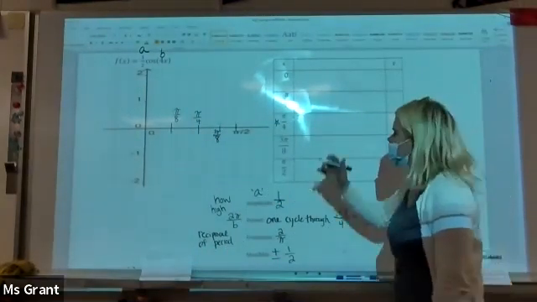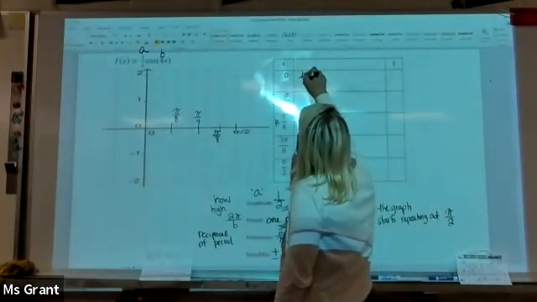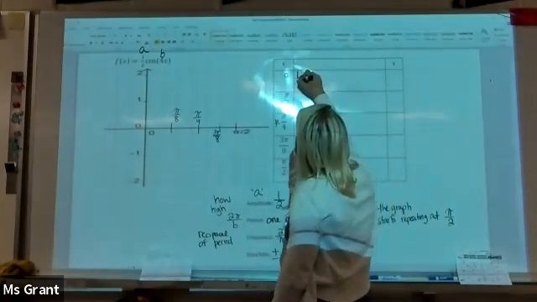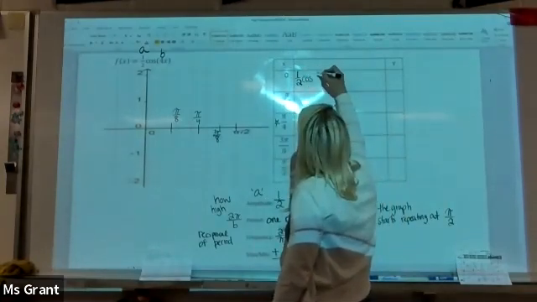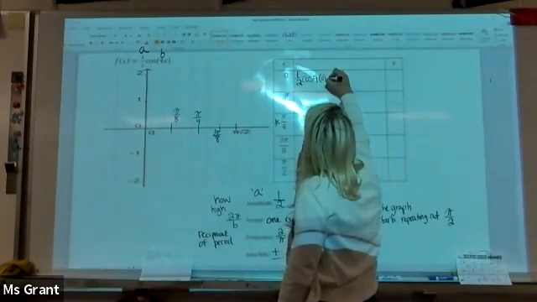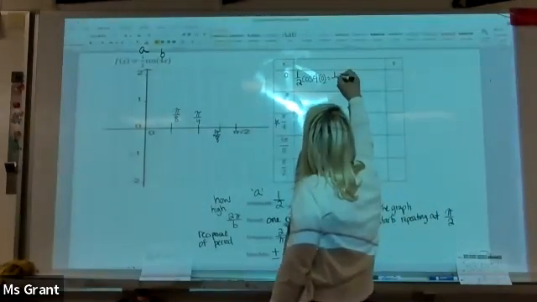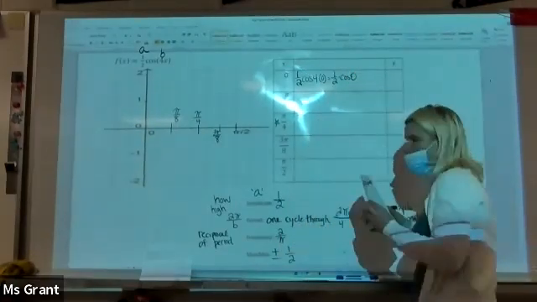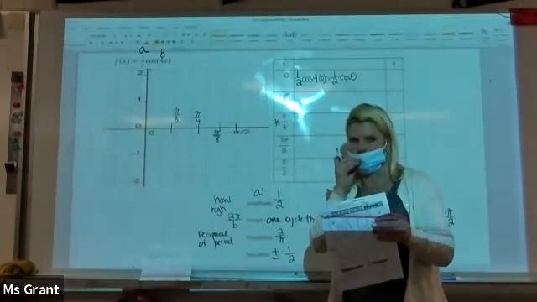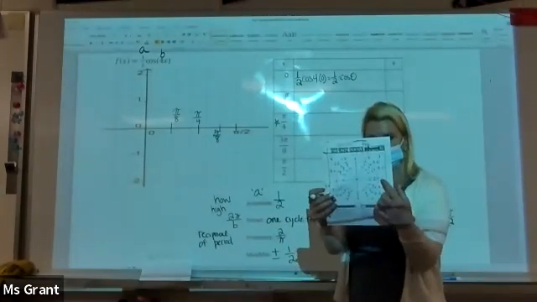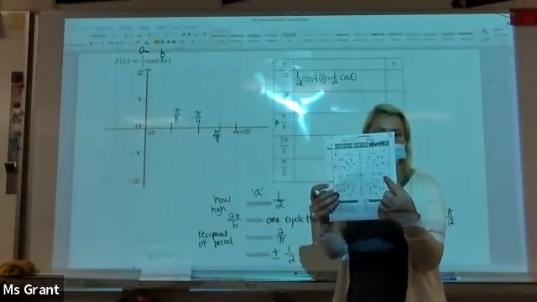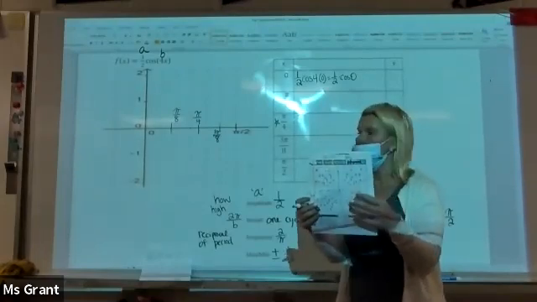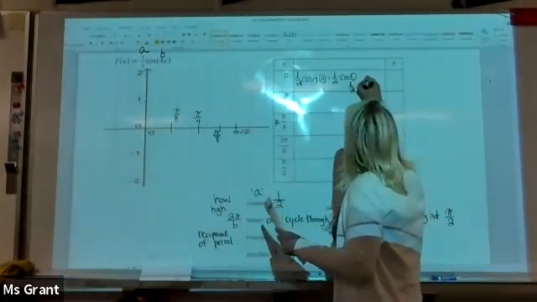And then I plug in my values. 0: 1/2 cosine of 4 times 0, which is 1/2 cosine of 0. What's cosine when I'm at 0? 1. So 1/2 times 1.